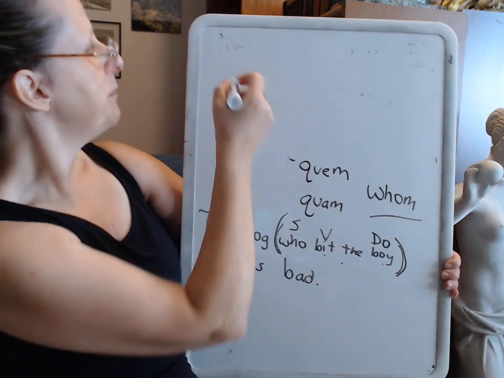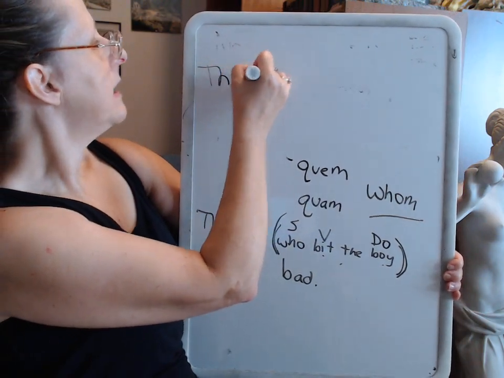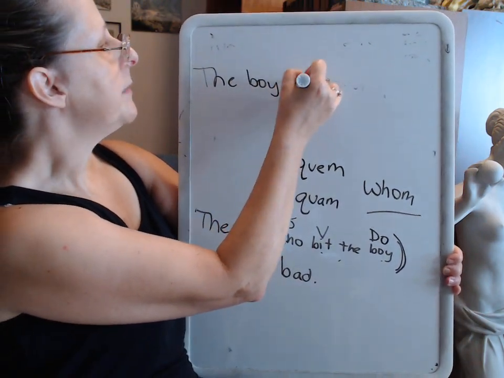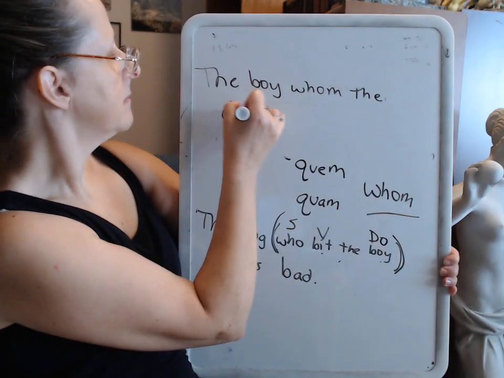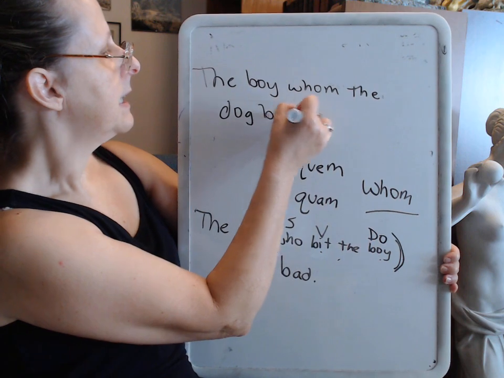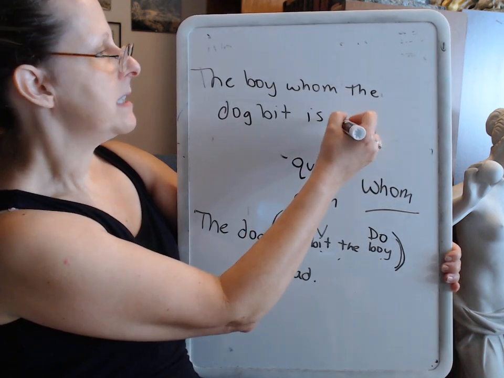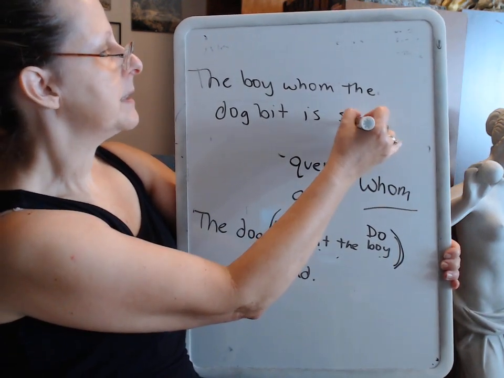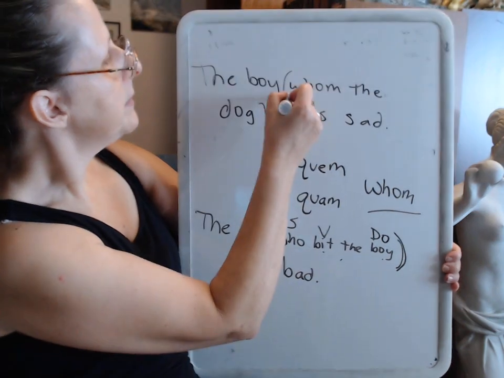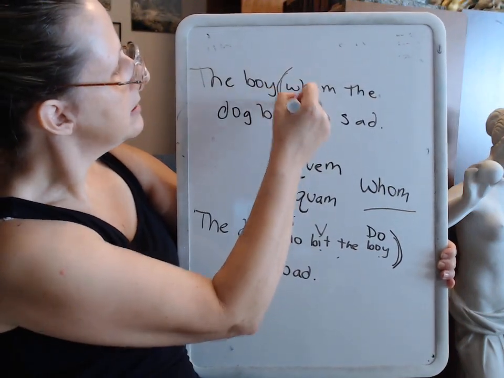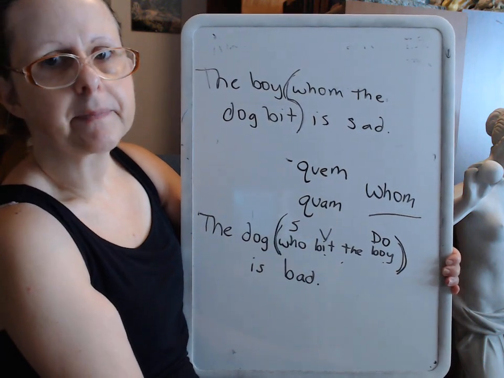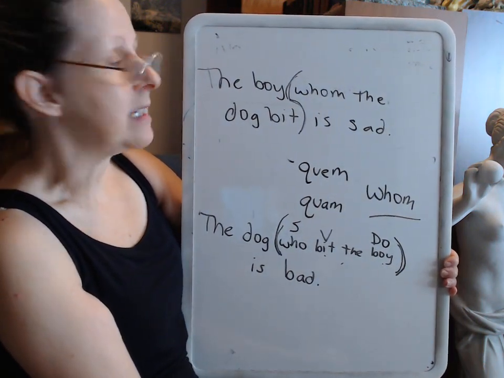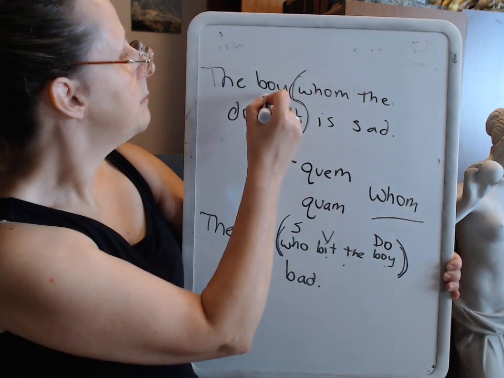But I'm going to take this away. Look at this. The boy whom the dog bit is crying, is sad. Whom the dog bit. Let's take that part out. The boy is sad. It's a complete sentence. Let's look at our little mini sentence. What's the verb? Bit.